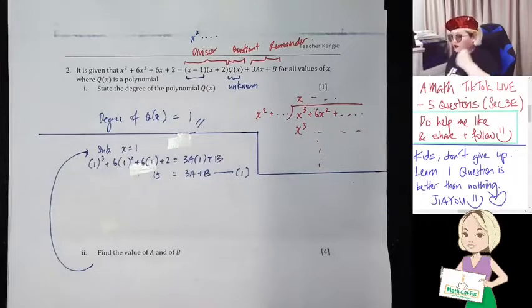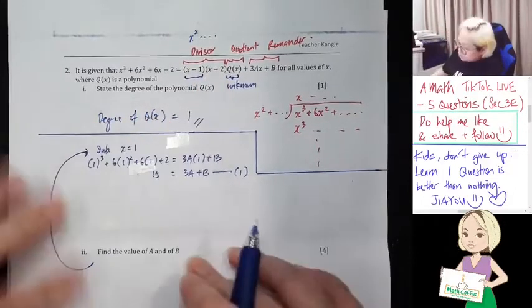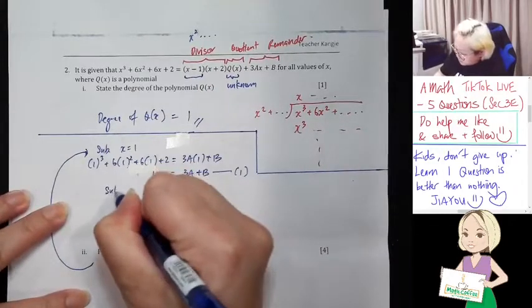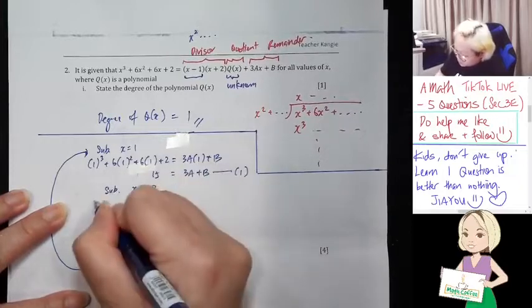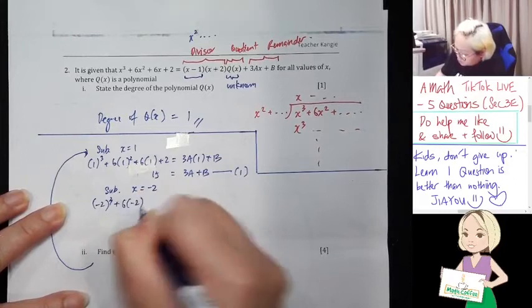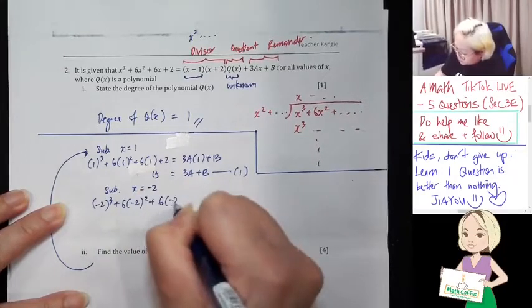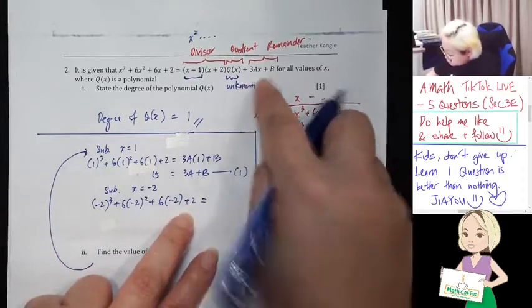Yes, well done, minus 2, because minus 2 plus 2 gives me 0. Good. So I will sub in minus 2. It will be minus 2 cubed plus 6 times minus 2 squared plus 6 times minus 2 plus 2 equals. Always refer back to the question to sub in also.